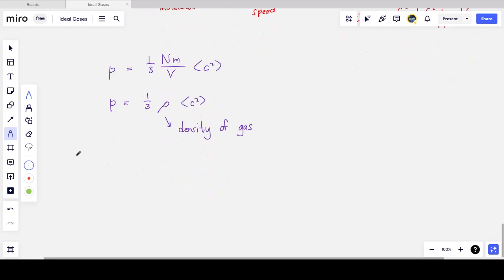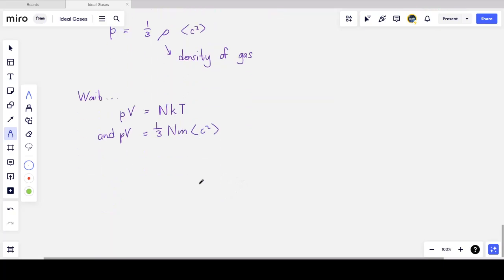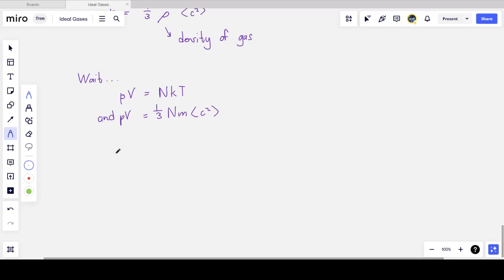But wait, the question that you're asking is, if PV is nkT, and at the same time PV is 1 over 3 Nmc squared, well, there must be something I can do with the two right-hand sides to get some expression, and you'll be correct.